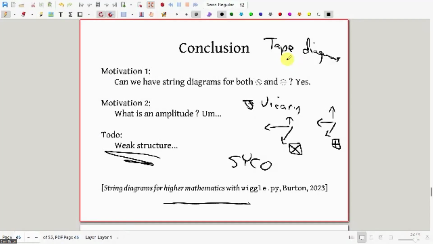Yeah, I mean, right. I'm sure there are connections. These string diagrams seem to show up in lots of different contexts, and they mean different things in different areas, and it's wild.